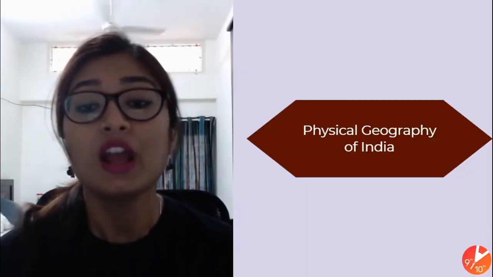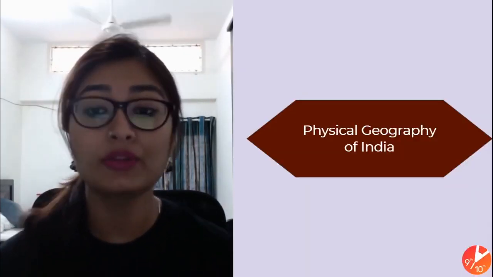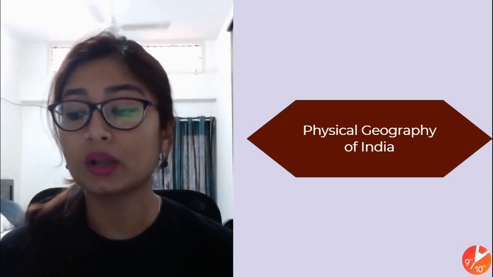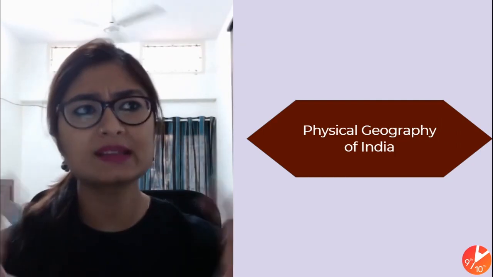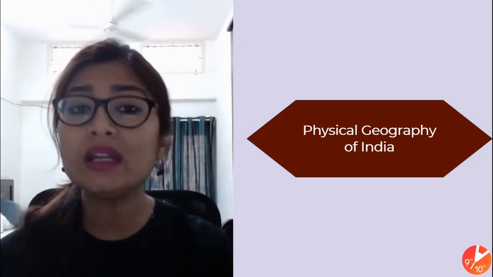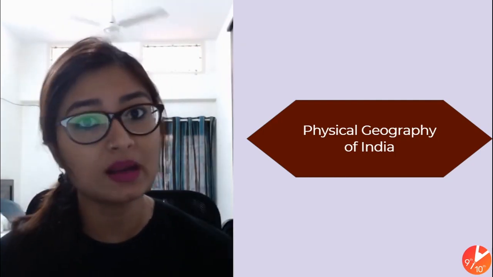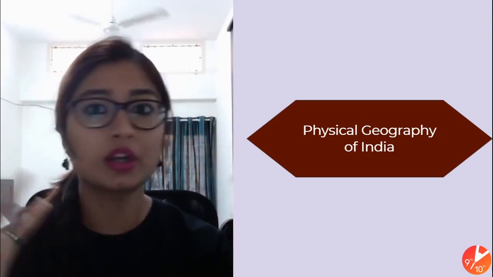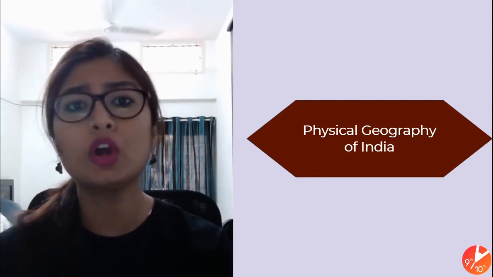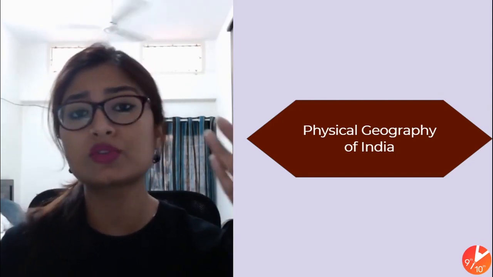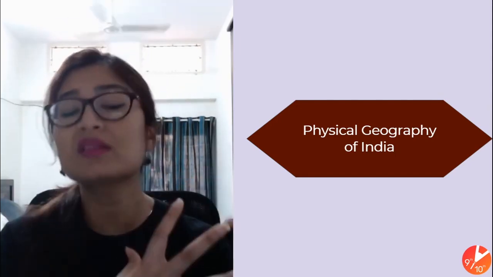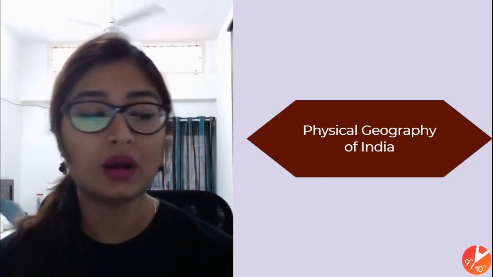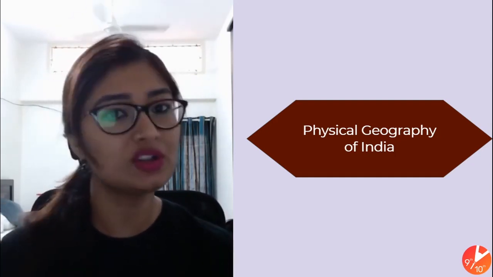Let's quickly get started. So we were talking about the physical geography of India. We have already finished talking about the location, how it is placed, what the neighboring countries are, how it looks internally in terms of the water bodies that surround the country, and also the extent: the longitudinal and latitudinal extent, from the northernmost to the southernmost point and from the easternmost to the westernmost point, and the different features of the country.